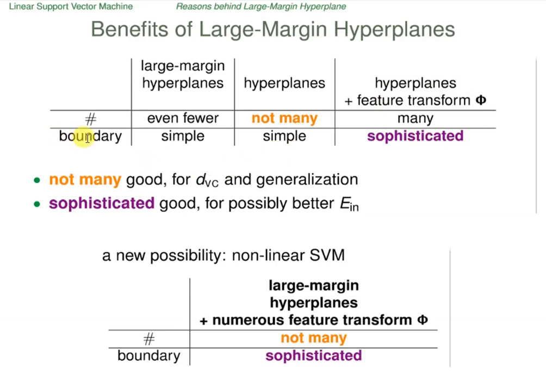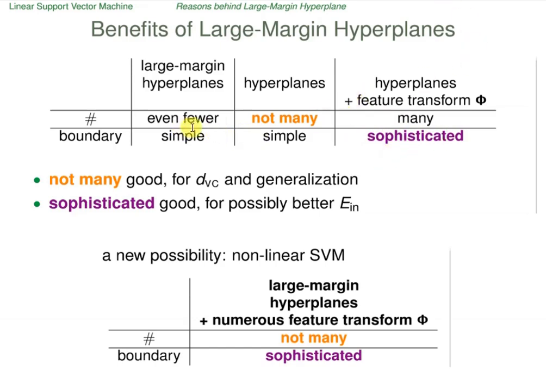If we compare the boundaries of the 3 selected models, the SVM or large margin hyperplane has simpler boundaries, right? Hyperplanes also have simple boundaries because they are linear functions, while hyperplanes with nonlinear transformations can have complex, sophisticated decision boundaries.